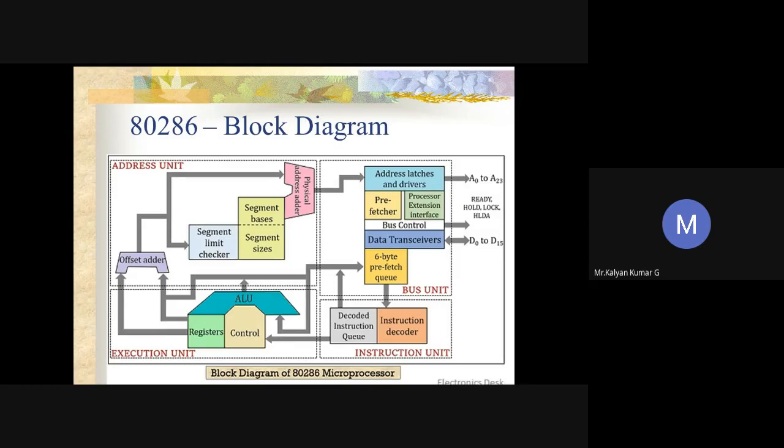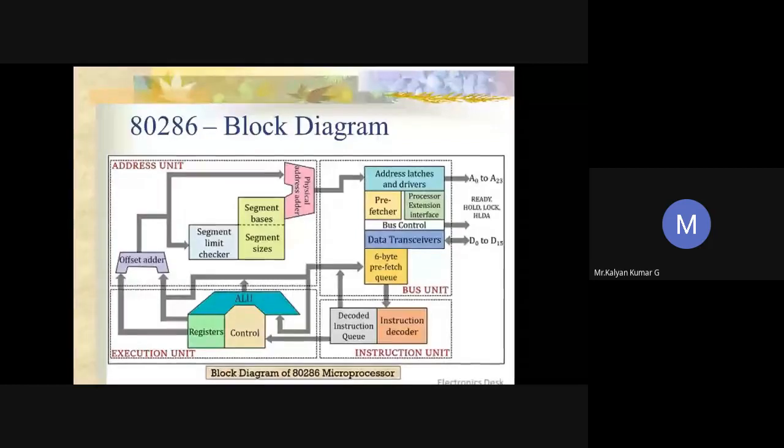What are the blocks available in 80286? Here we have 4 units.